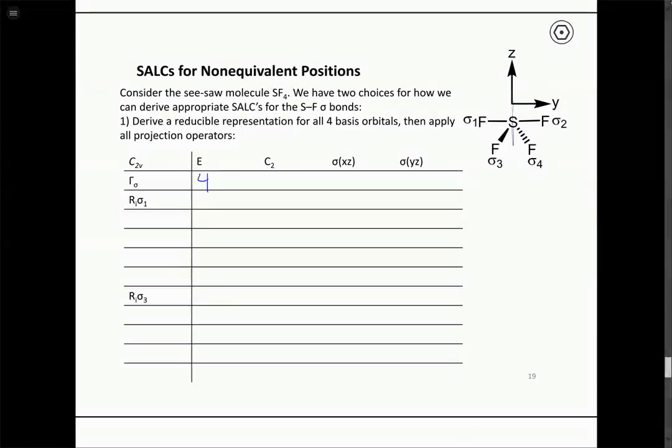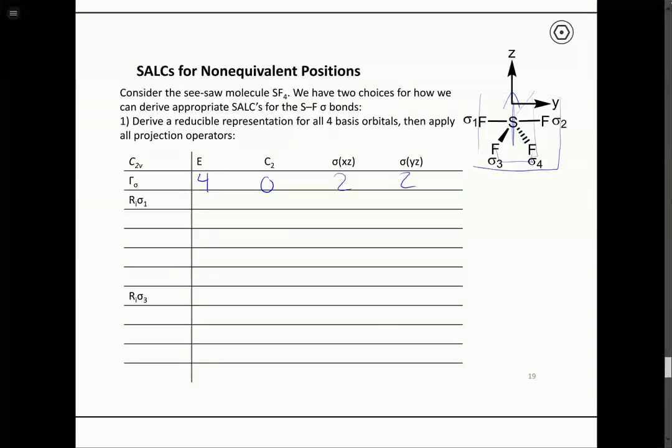The C2 operation is going to move all of the orbitals onto other positions, we get a 0 for that. And then for XZ and YZ, as I defined it here, the XZ is going to keep sigma 3 and sigma 4 in the plane, and then the YZ, which is the plane of the board in this case, is going to keep sigma 1 and sigma 2. So both of those are going to have characters of 2.